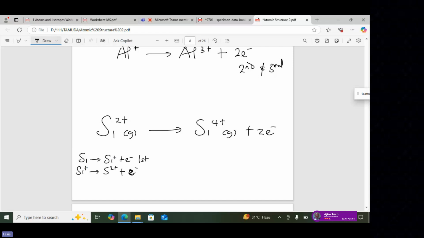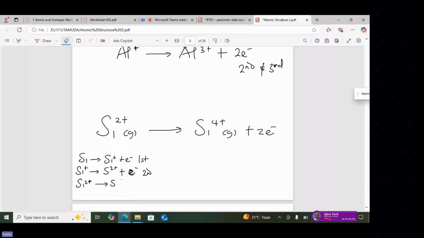Is there Si2 plus here? No, here we start from Si2 plus as a reactant to Si3 plus.